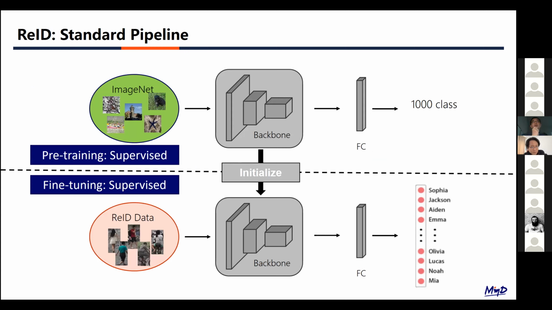This pre-trained model is then used as initialization to be fine-tuned on a ReID data set. So in both cases, we are using the supervised method, both for the pre-training and the fine-tuning, in order to gain the appropriate representation for the images and objects.